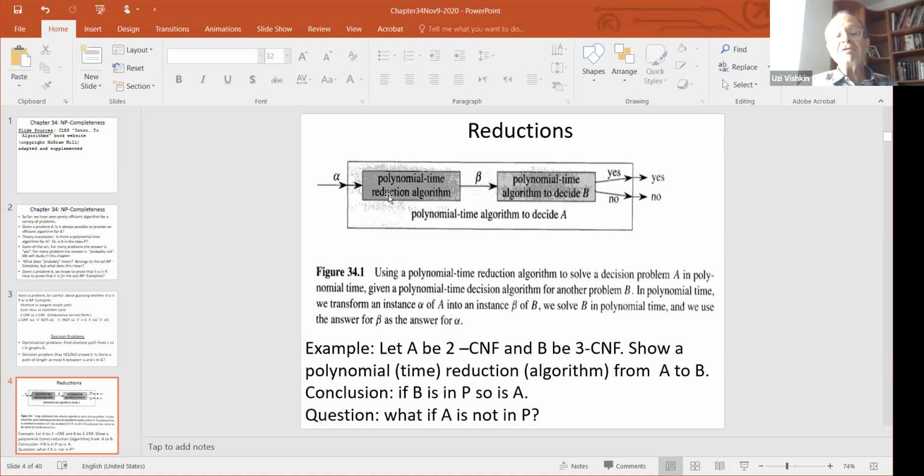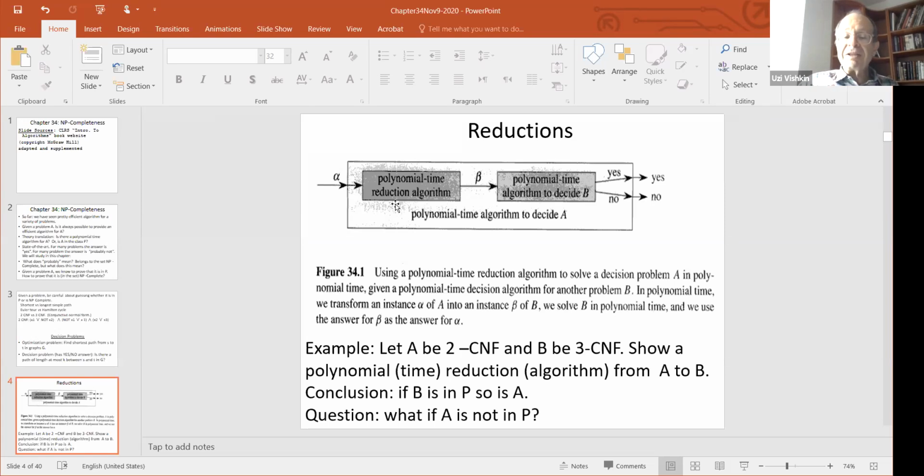Assumption two, I gave you a polynomial time reduction from A to B. What can you tell me about the prospects of having a polynomial time algorithm for B? I claim that it is impossible, because if you give me a polynomial time algorithm for B, it implies a polynomial time algorithm for A, which we assume is impossible. Follow me?